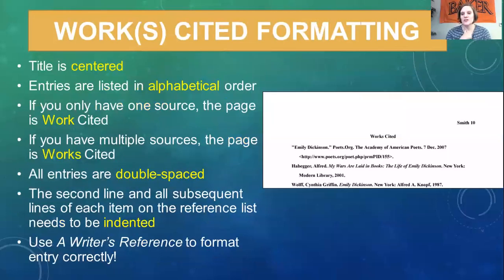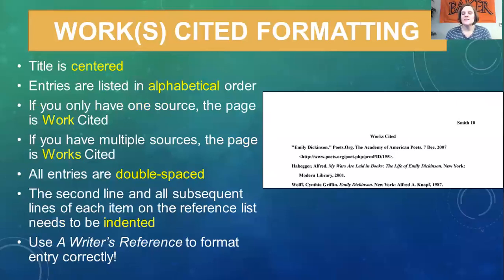The other way that you're going to be citing your sources is something called a works cited page. A works cited page is going to be part of probably almost every paper that you write now in Baker. If you use a source, then you have to show a listing of all the sources you used to write that paper, and it is called a works cited page. You can see there's an example of how it's formatted here. The title is centered.